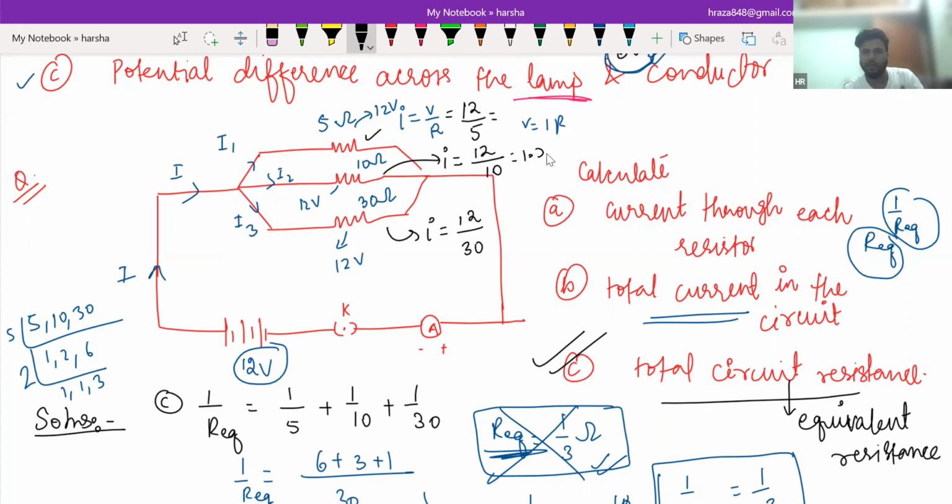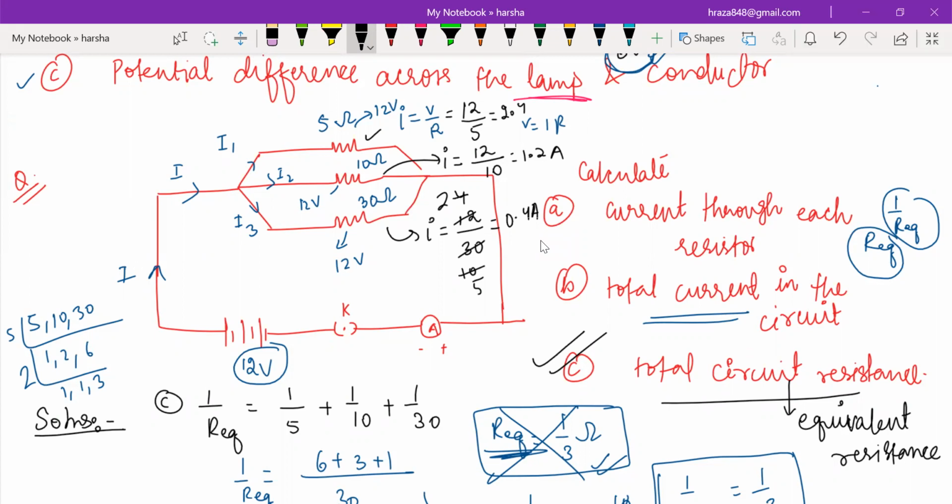It will be 2.4 ampere here. And here you can see 12 by 10, it will be 1.2 ampere. And here you can see 12 by 30, that is 0.4 ampere. And if you add these individual currents, 2.4 plus 1.2 plus 0.4, it will be 4 ampere.